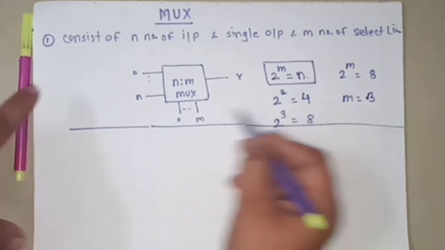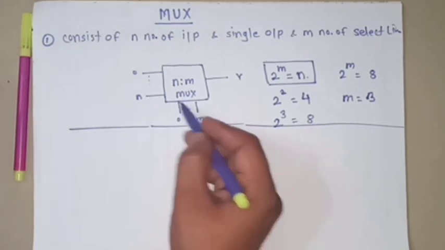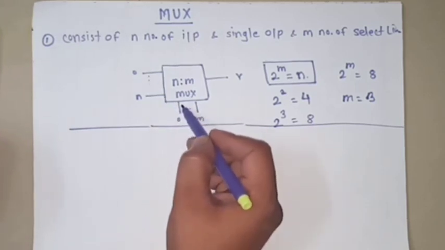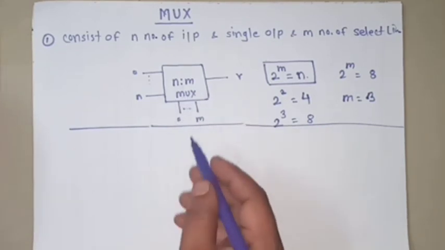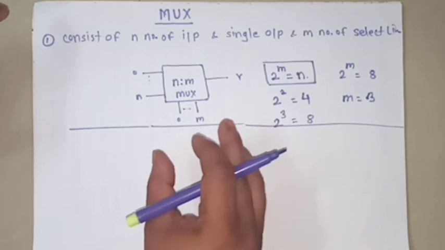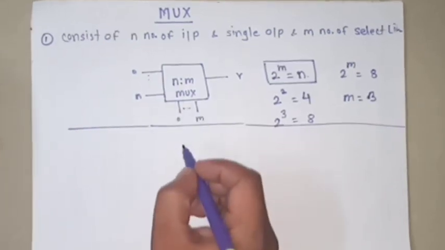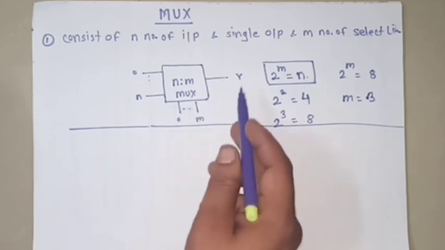Now what is the use of the select line? The select line is used to select any one of the inputs at the output line. In other words, it is a digital switch that is used to connect any one of the inputs to the output line.